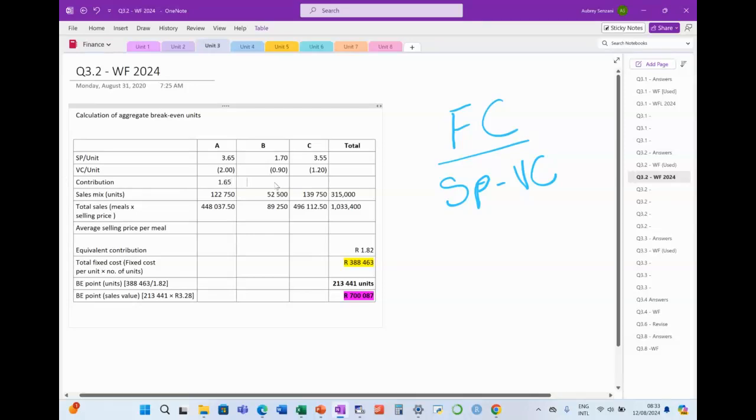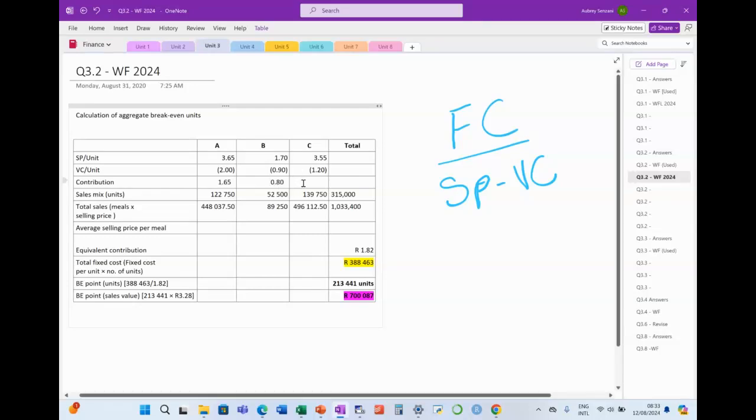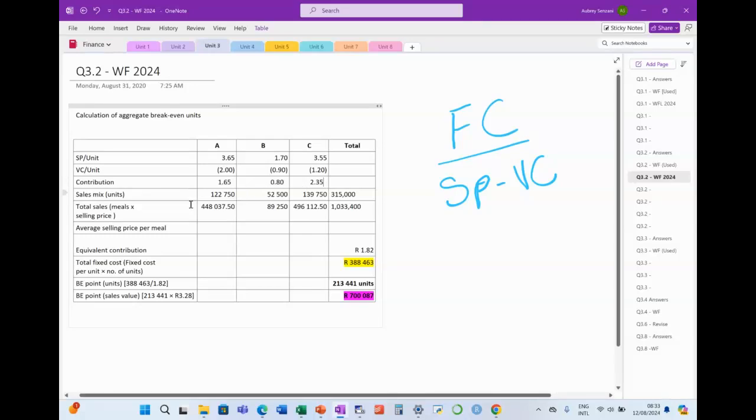And then B, 0.8. And then finally C, 2.35. Okay, cool. So then your next step, they've already given us the sales units for each of your respective products.